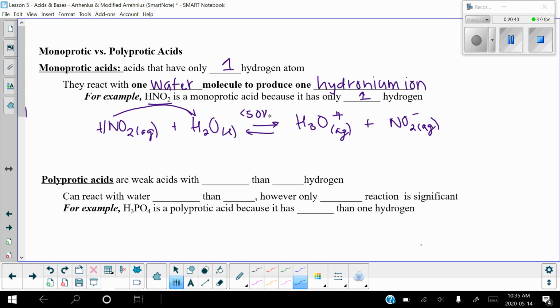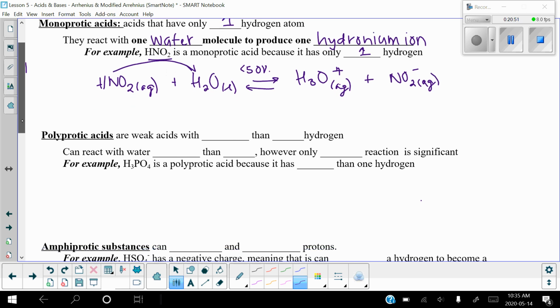Now, there are polyprotic weak acids, and just like our polyprotic indicators, polyprotic acids are going to have more than one hydrogen. It can react with water more than once.